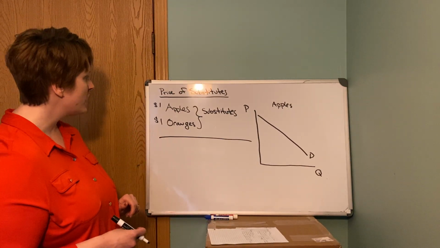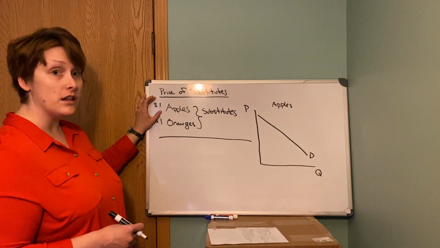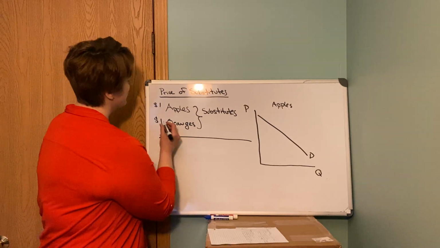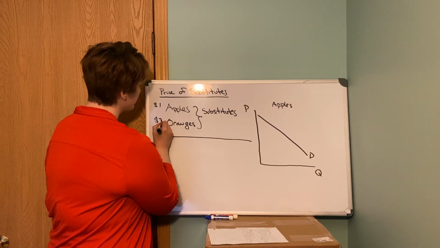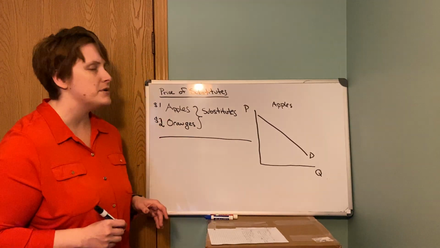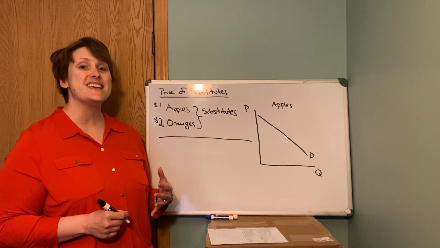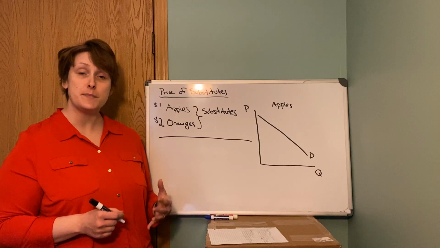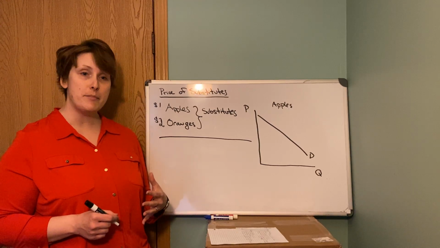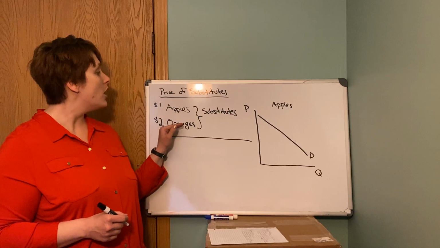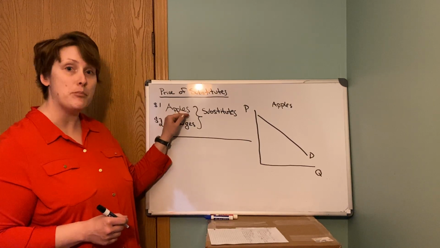So let's assume that apples are still $1 and oranges, instead of being $1, now they're $2. Well, what's going to happen to our demand curve? Relative to apples, oranges just got a whole lot more expensive. So what's going to happen is all those people that were previously purchasing oranges are going to shift their consumption to apples.